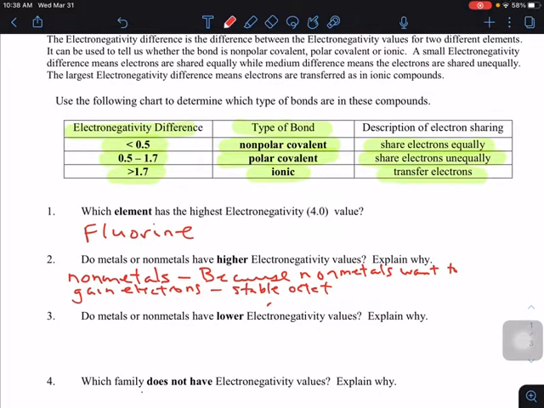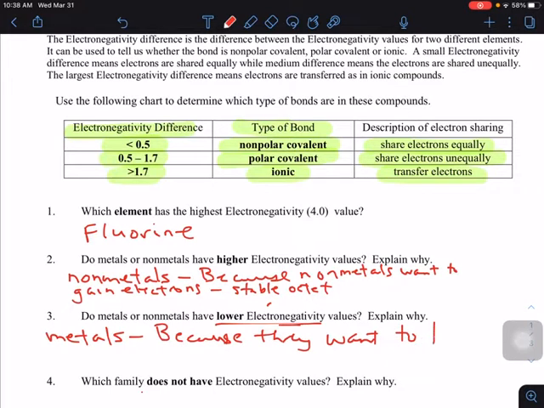Okay. Lower electronegativity, these are the metals. Metals have lower electronegativity because they want to lose electrons. They don't want to gain electrons.